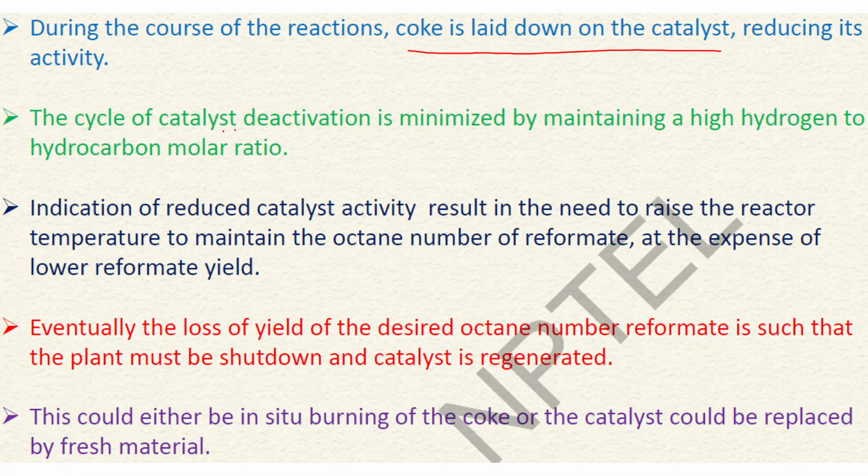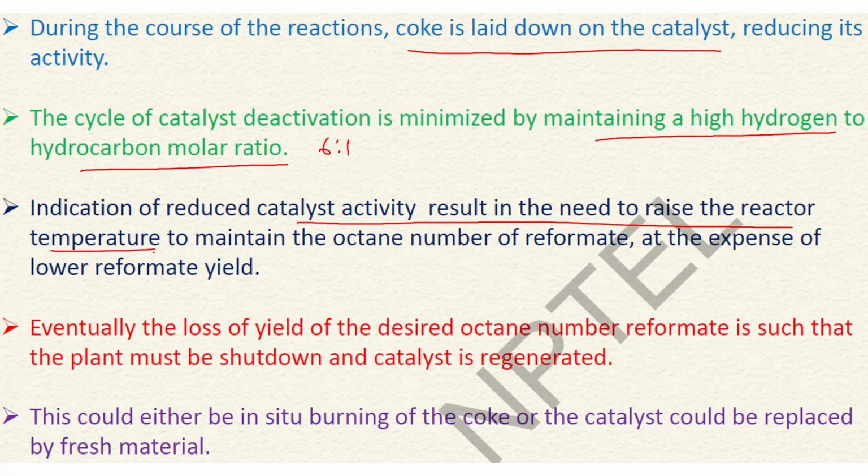Okay. So the catalyst cycle length is extended by maintaining a high hydrogen to hydrocarbon ratio. Mainly it is maintained at a 6 to 1 ratio. Maintaining a high hydrogen to hydrocarbon ratio helps in minimizing the coke deposition. An indication of reduced catalytic activity results in the need to raise the reactor temperature, which is sometimes made high to maintain the octane number of the reformate.